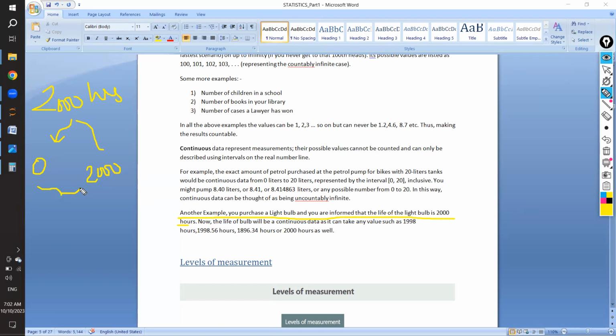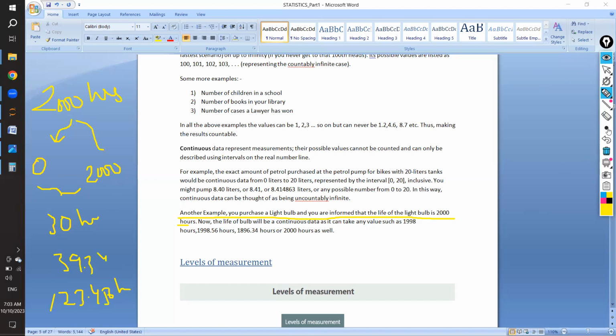It could be 30 hours, or 39.34 hours, or 123.456 hours. Any number of hours between 0 and 2000 it can take. So obviously these are uncountably infinite numbers.